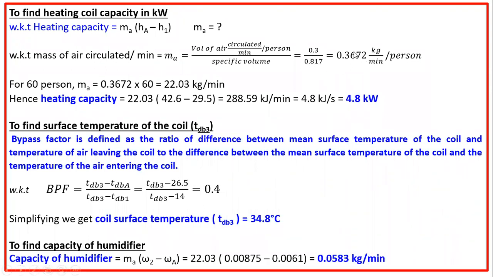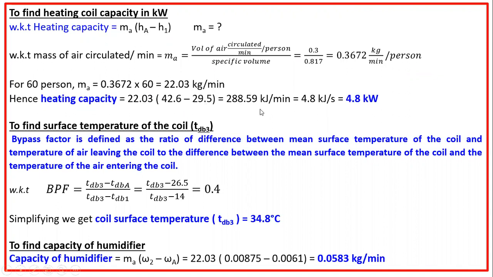If we substitute, we'll get the mass flow rate of the air to be circulated in kgs per minute per person. But for 60 persons, as asked in the problem, multiply by 60 and you will get it in kgs per minute. So what is the heating capacity? Mass flow rate m_a into h_A minus h_1 is the heating capacity.